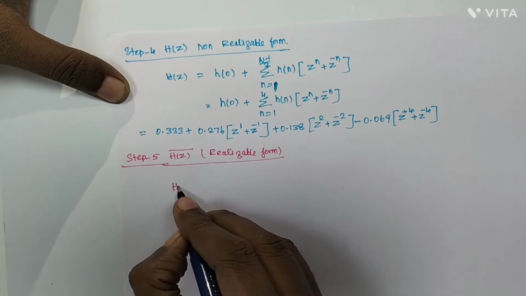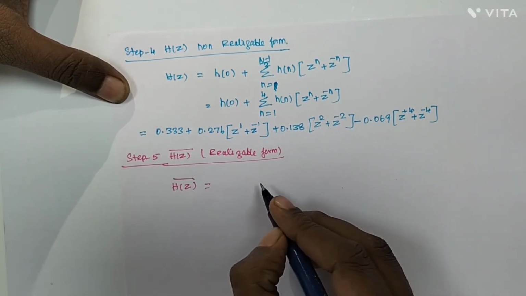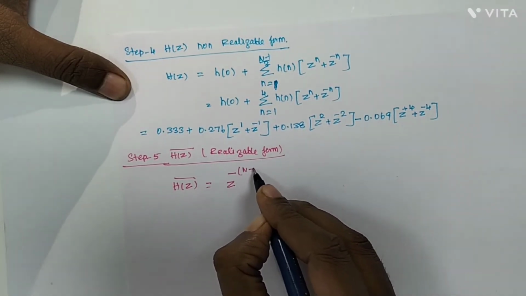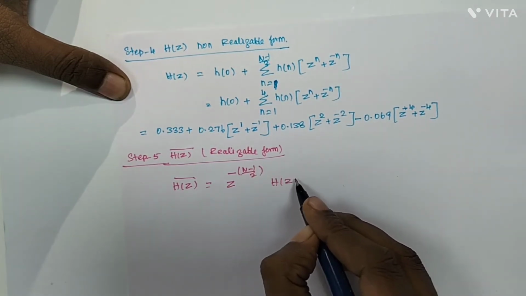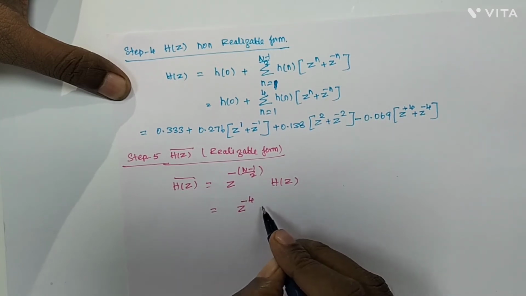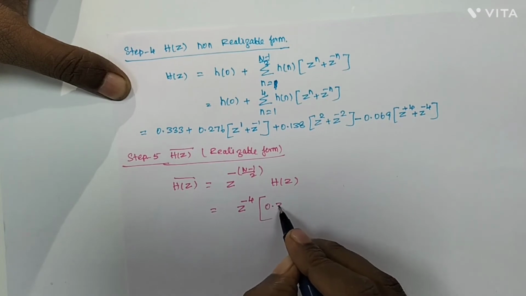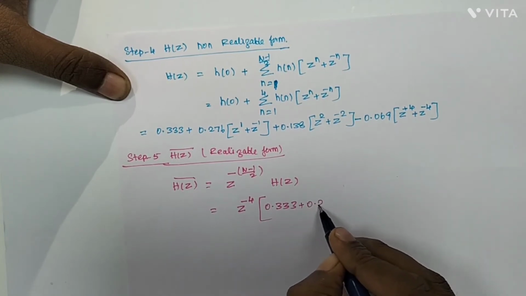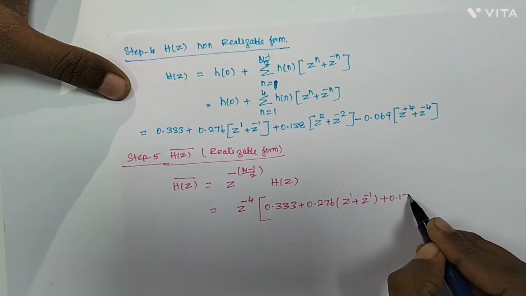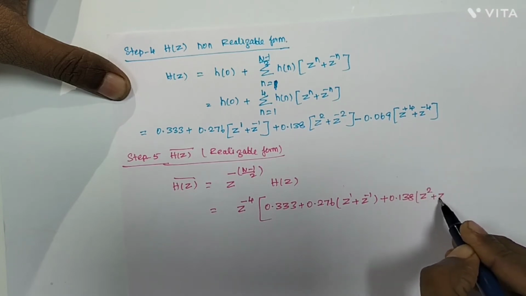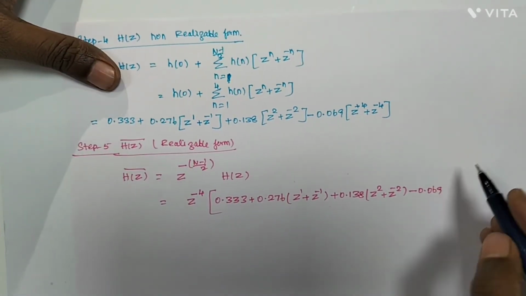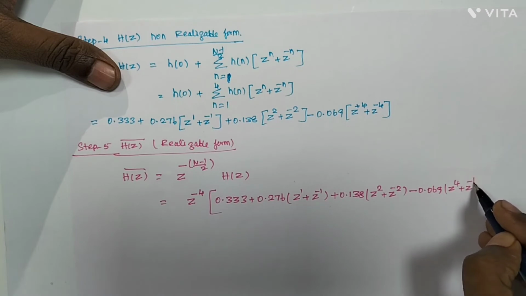You just multiply the non-realizable transfer function by z power minus n minus 1 by 2, that is z power minus 4, into h of z, which is 0.333 plus 0.276 into z power 1 plus z power minus 1 plus 0.138 z power 2 plus z power minus 2 minus 0.069 z power 4 plus z power minus 4.